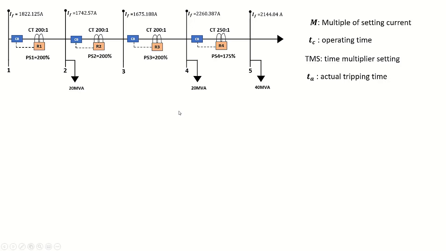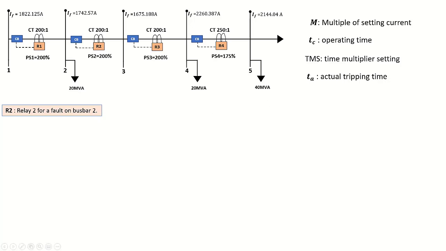Now we move to the next one. That is relay 2 for a fault on busbar 2, since we already calculated relay 2 for a fault on busbar 3. Please, guys, pay attention to the procedure as illustrated here.